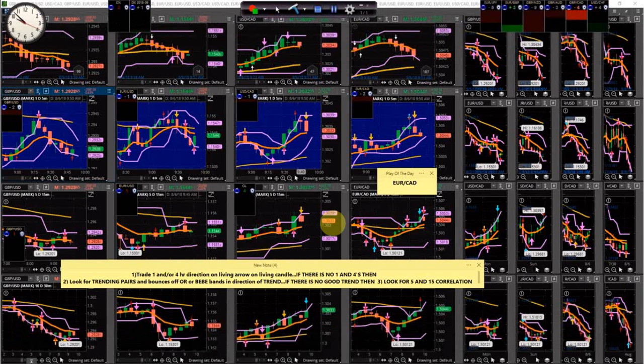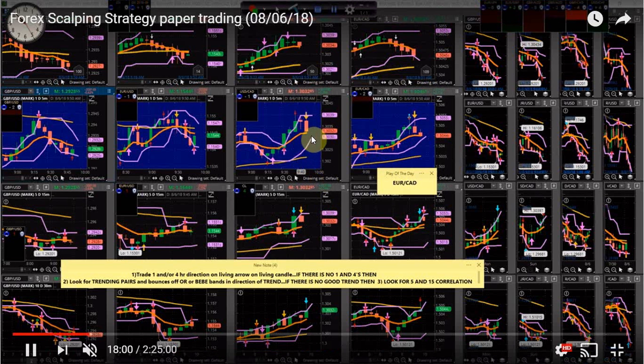And I was like, that's true. It is true. Even though it's been going up all day, it's like one of those things. Man, 5 and 15, I already had, it's been 6 pips right now.